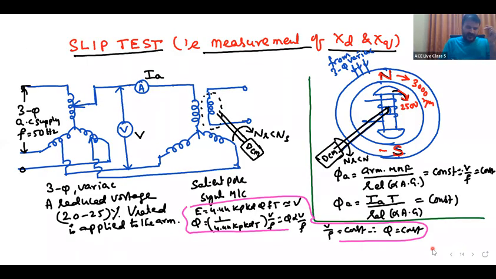When aligned with the direct axis, the ammeter shows minimum reading, but the voltmeter shows maximum reading. Why? Because the current drawn from the variac is minimum, so the drop in the variac is minimum.